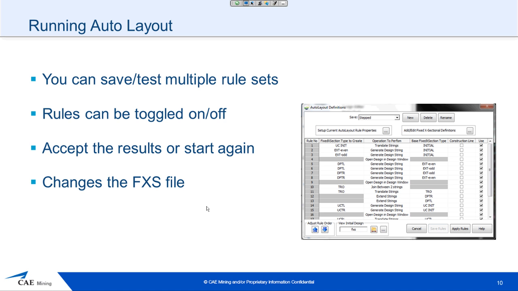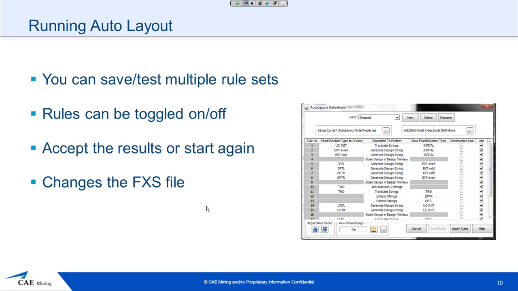If you only want to run the first 4 rules, you can turn off the rest. And once we've run auto layout, you're able to either accept the results or you can start again. So it does mean that up to the very end you have the option to revert back to the original FXS file. Though once you've accepted the results, the original FXS file is overwritten.